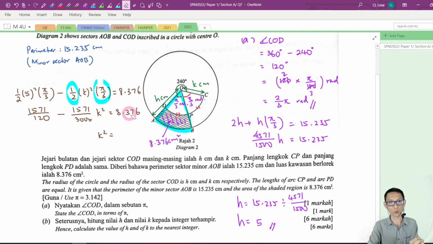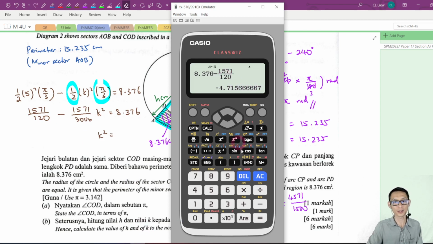I'm going to take this one minus this, divided by this whole thing. Don't forget the negative. 1571 over 3000. Okay, which is equal to this, 9. Okay, I just round off to the nearest integer, 9.